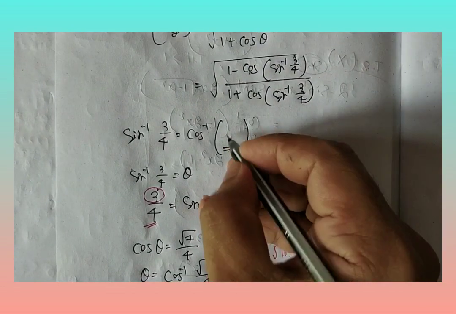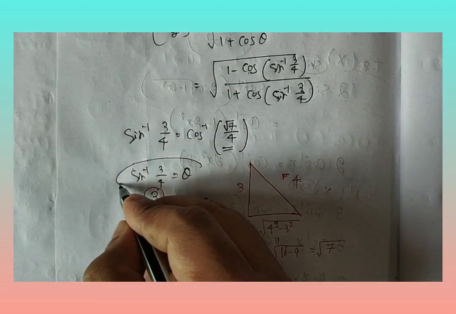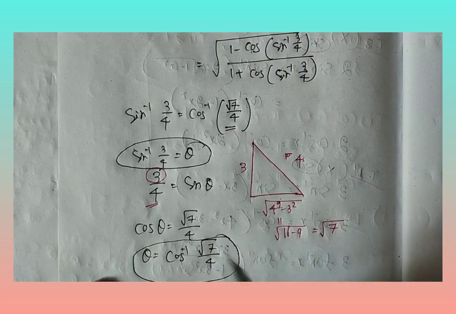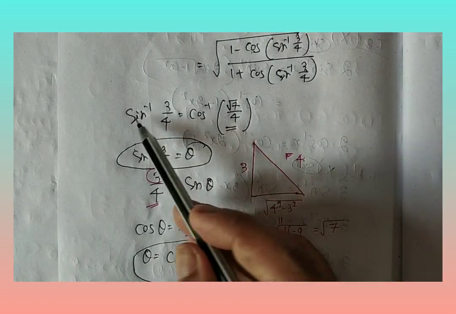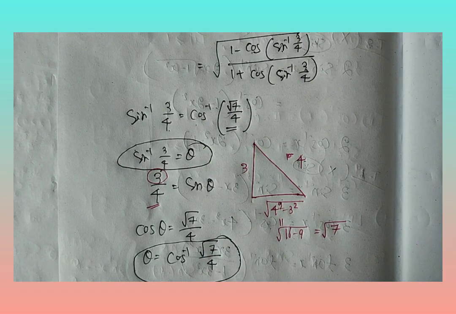Here we have to write root 7 by 4 because theta equals sine inverse 3 by 4 and also theta equals cos inverse root 7 by 4, and that means sine inverse 3 by 4 is equal to cos inverse root 7 by 4.